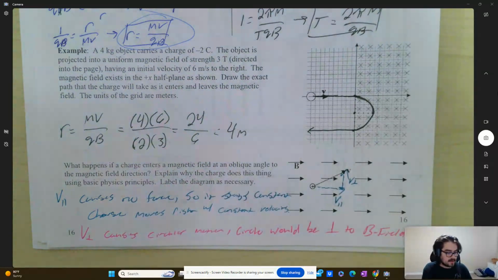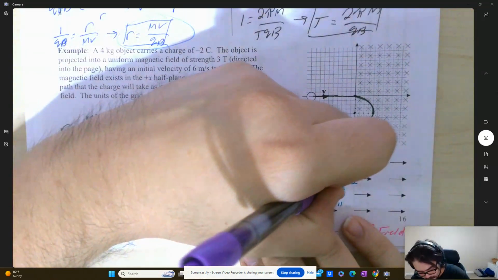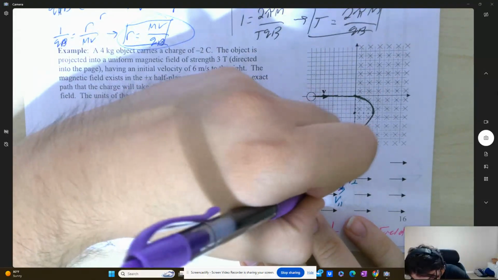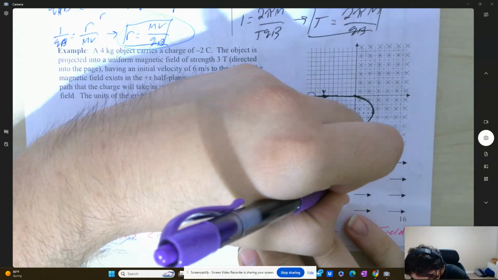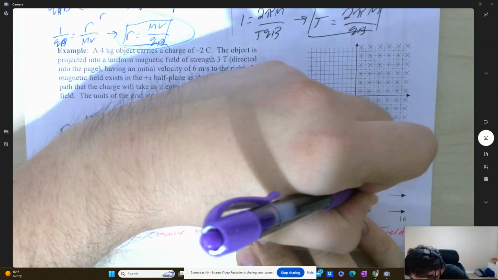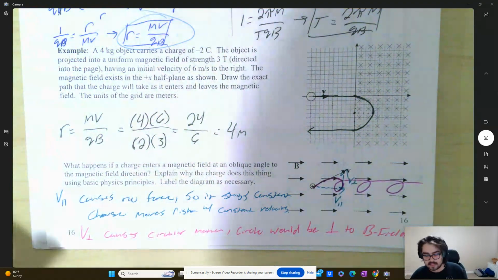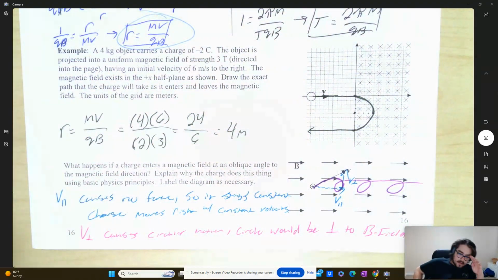And how that might look is that this is going to kind of spiral, right? It's going to cause a spiral. It's going to take a spiral path.